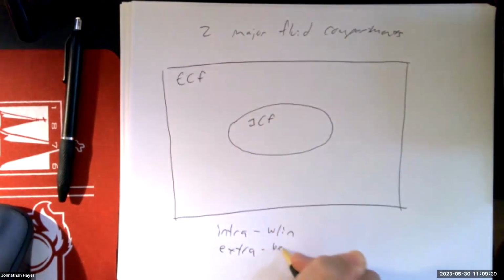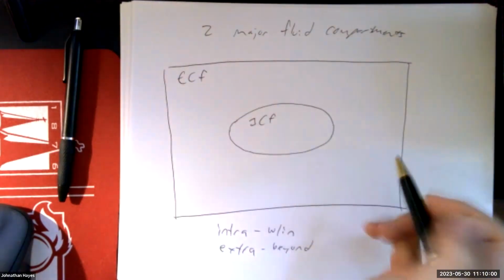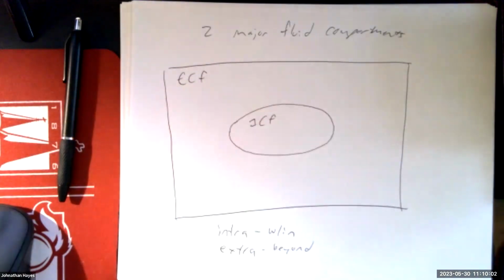Extra means beyond, right? So if you want extra credit, that means you're going beyond what was required of the class and you're doing something extra, right? Which we don't do in this class. I'm just using that as an example. But that means the fluid beyond the cell membranes. So this is the extracellular fluid compartment.